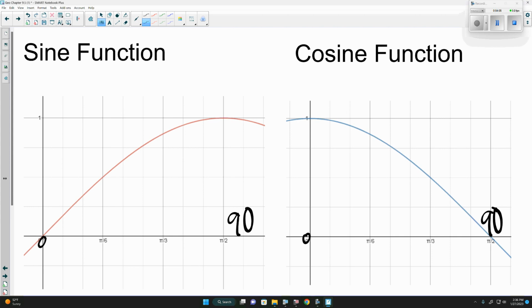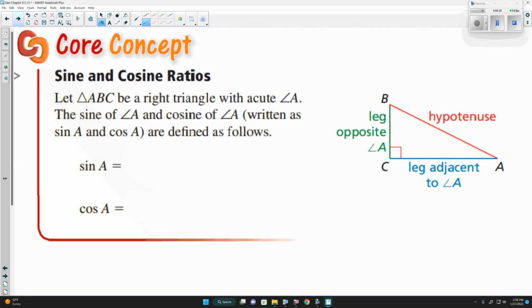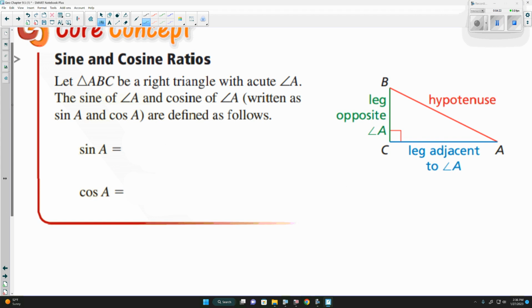Now, 90 degrees for sine and cosine really is not going to mean a whole lot to us, mainly because cosine of 90 degrees has a value of 0, and sine of 90 has a value of 1. That's really the last we'll see of the graphs. We're mainly going to look at it in terms of the triangle.